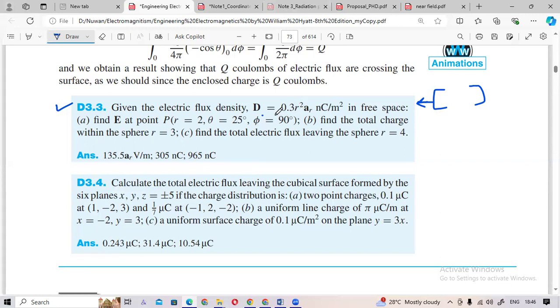Please tell me the coordinate system that is used in this question.